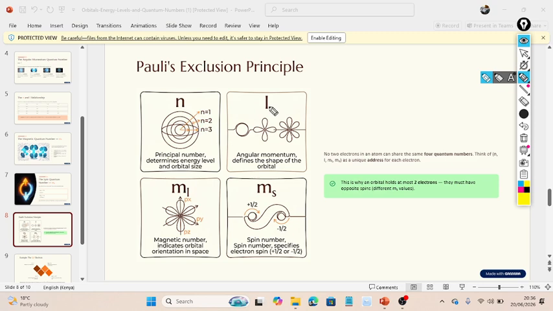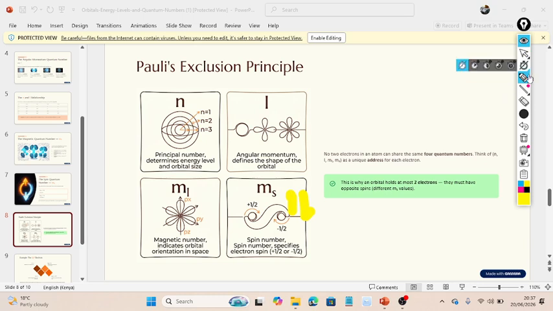And then we have the angular momentum that defines the shape. Either it's a spherical shape, that's an s orbital, it's a p orbital, or it's a clover shape like the d orbitals, and this is an f orbital. So it's going to give us the shape. And then we have the magnetic spin. The magnetic spin will give us the orientation, whether it's facing up or facing down.